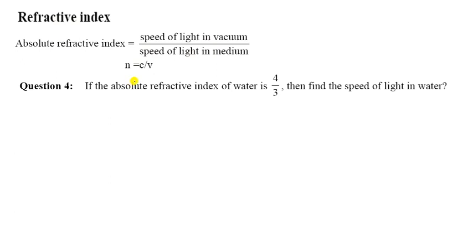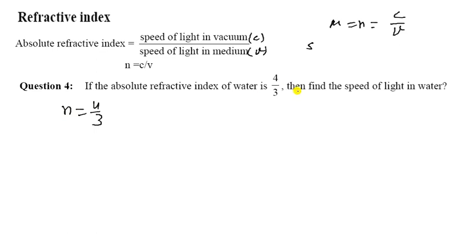So when a ray of light is coming from the rarer medium and passing through the denser medium, it always bends towards the normal. And when a ray is coming from the denser medium to the rarer medium, it always bends far away from the normal. That phenomenon is called refraction.